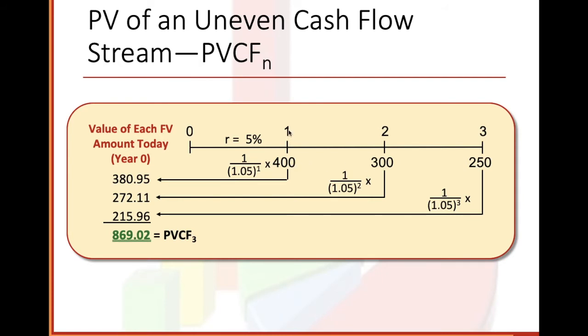So this will be 1 over our growth rate times 400, which gives us 380.95. 1 over our growth rate squared times 300 gives us 272.11. 1 over our growth rate to the third power times 250 gives us 215. So the total will be 869 and 2 cents.